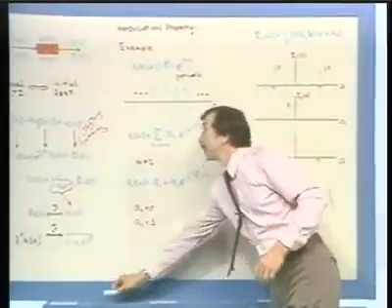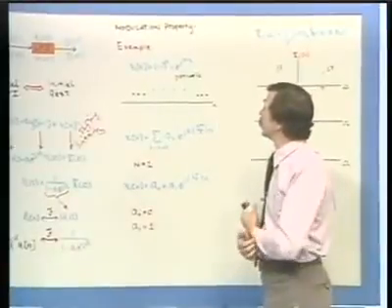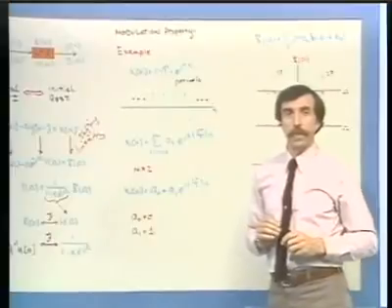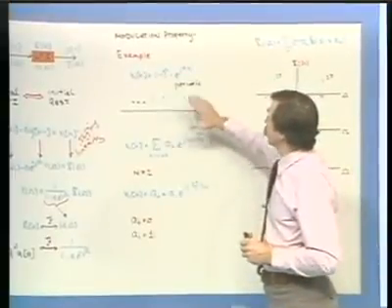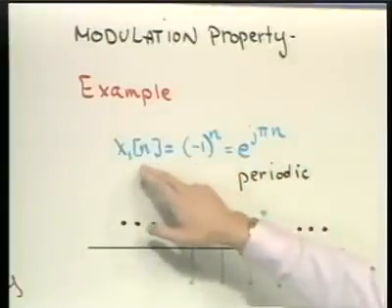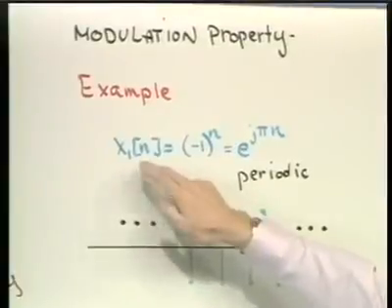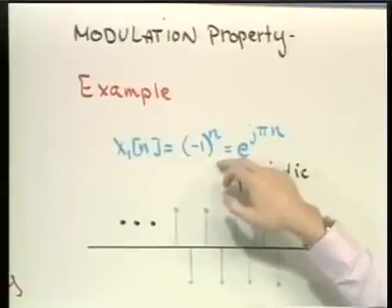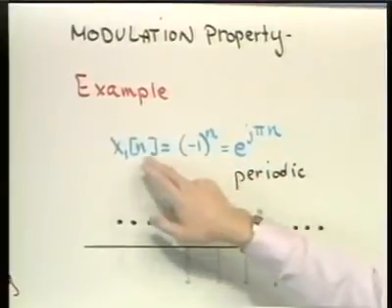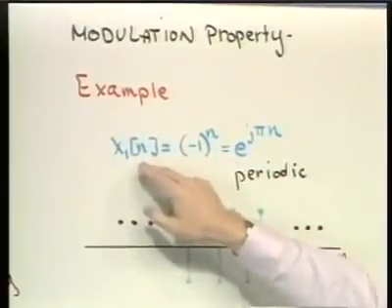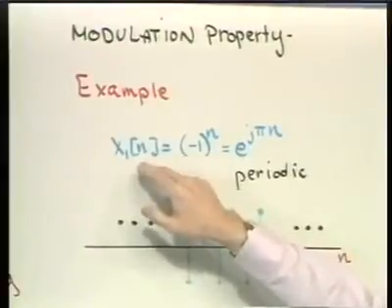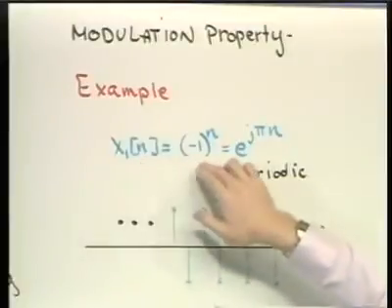The example that I want to pick is an example in which we consider modulating a signal with another signal x of n, or x1 of n, as I indicated here, which is minus 1 to the n. Essentially what that says is that any signal which I modulate with this, in effect, corresponds to taking the original signal and then going through that signal, alternating the algebraic signs.